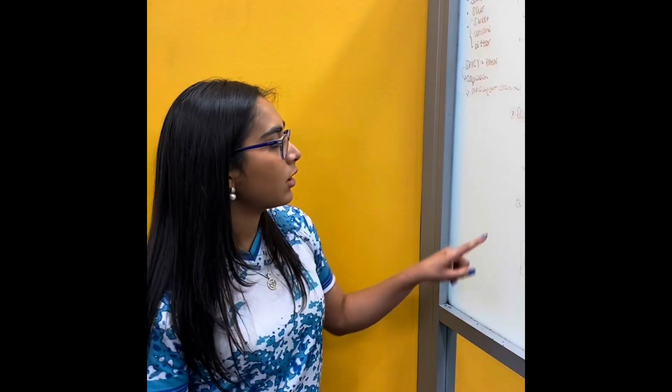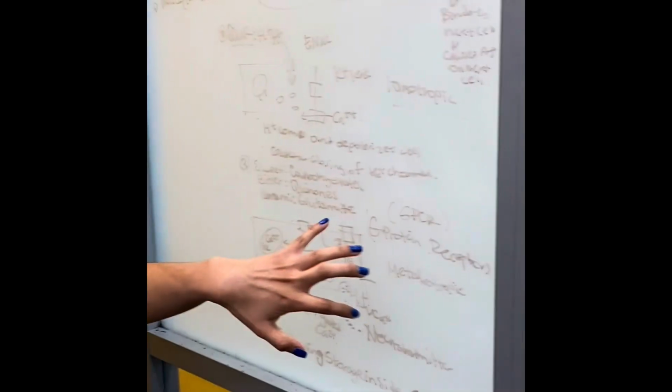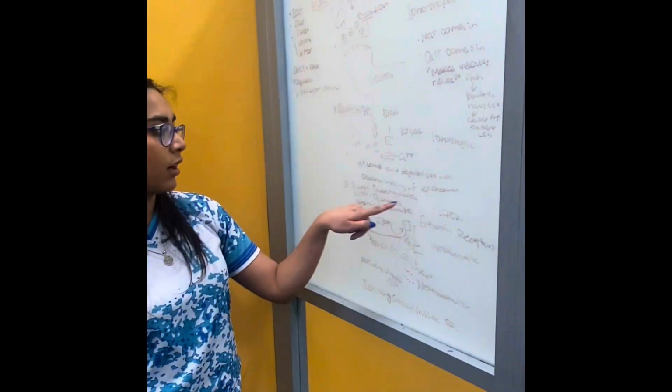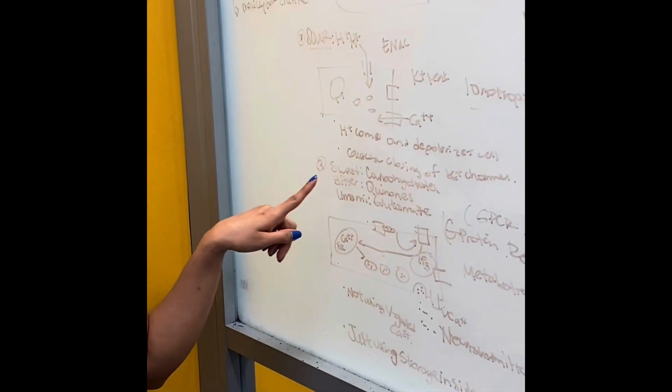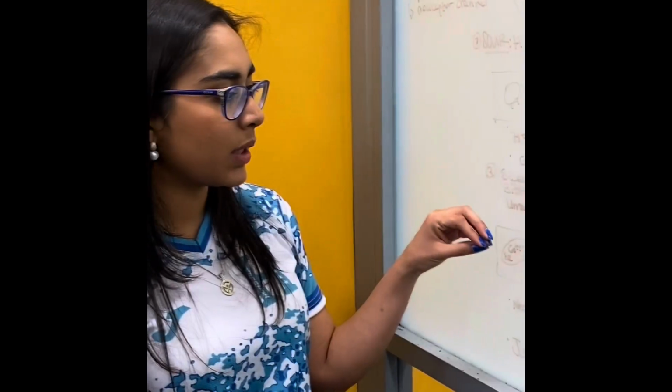Okay, let's talk about the sweet, bitter, and umami. These are G protein receptors, so it won't directly come in. Sweet are carbohydrates, quinones are for bitter, and glutamate are for umami. Those will be the things that bind to our G protein.